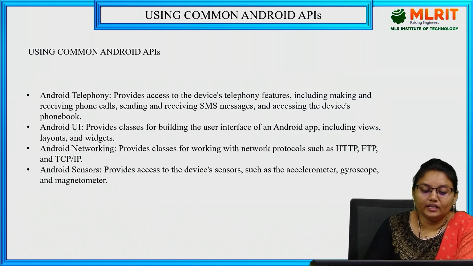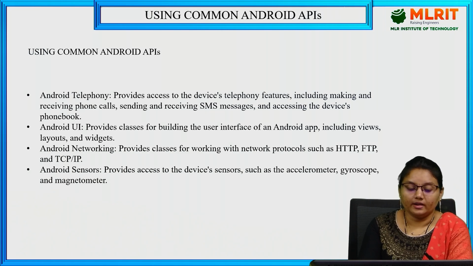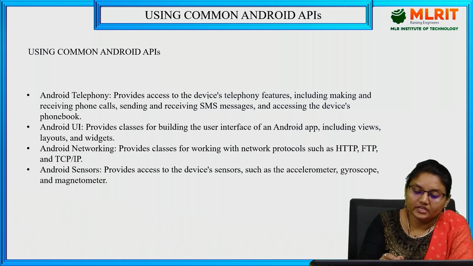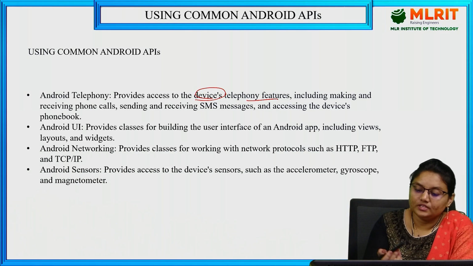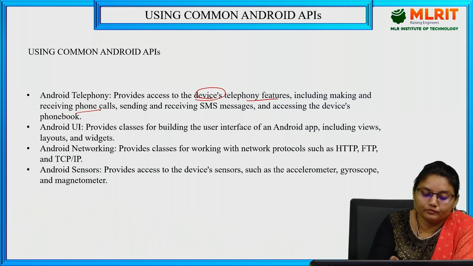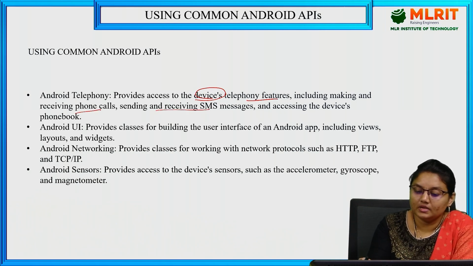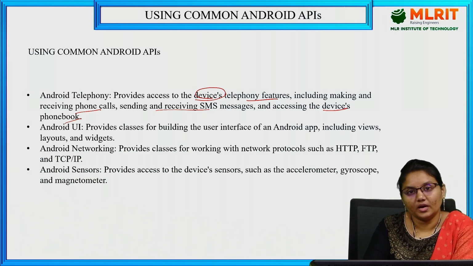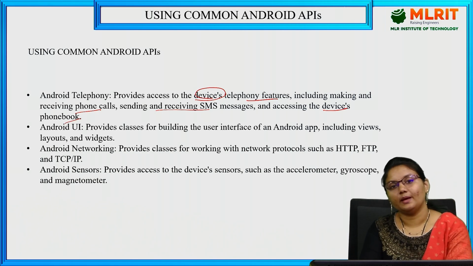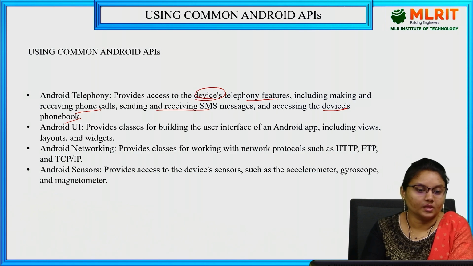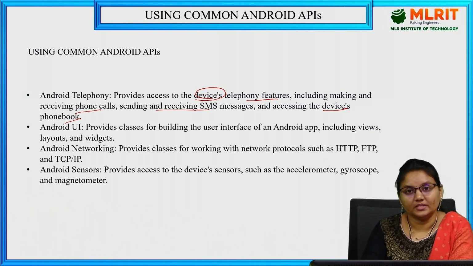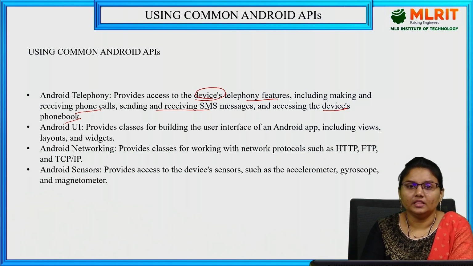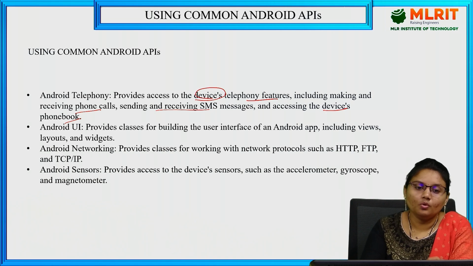Then Android telephony. What is the API called Android telephony? It provides access to the device's telephony features: making or receiving phone calls, sending or receiving SMS, and accessing the device's phone book. Suppose you have used an external application, say Facebook Messenger. In the Messenger, who all should be there?